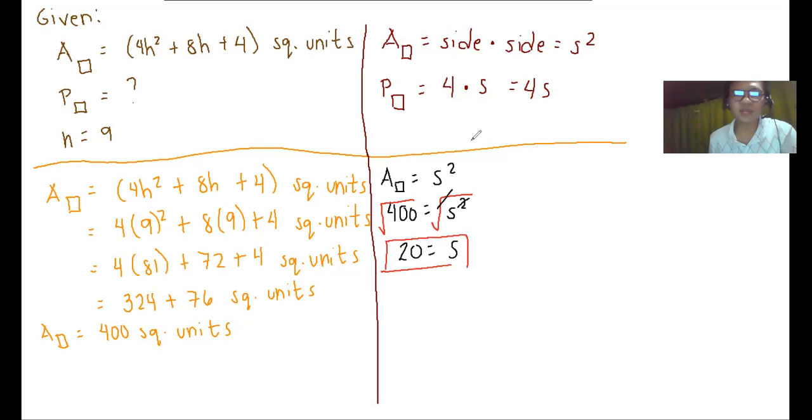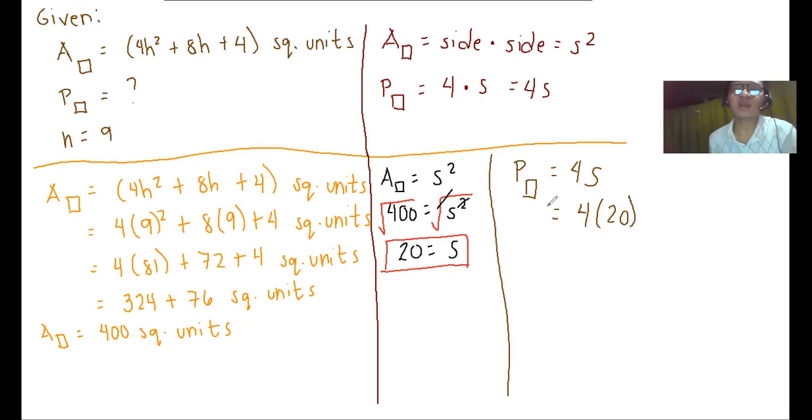So we can solve now for the perimeter. The perimeter of a square is equal to 4s. So s is 20, and we have 4 times 20. The final answer: the perimeter of the square is equal to 80.